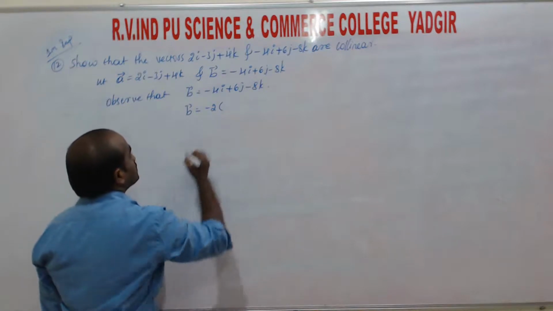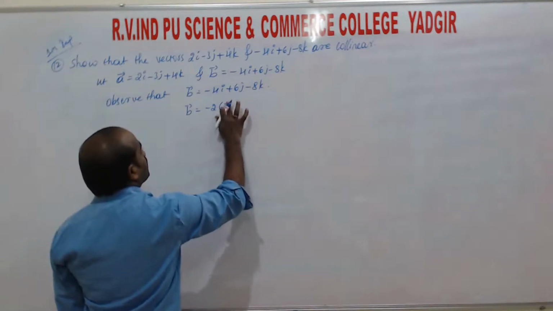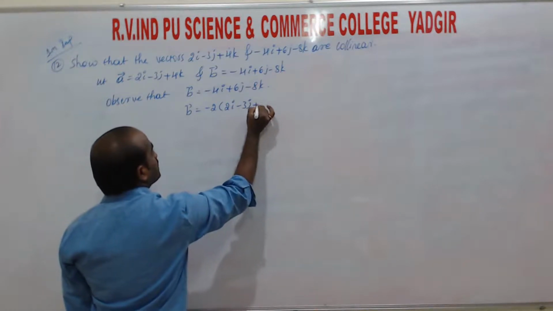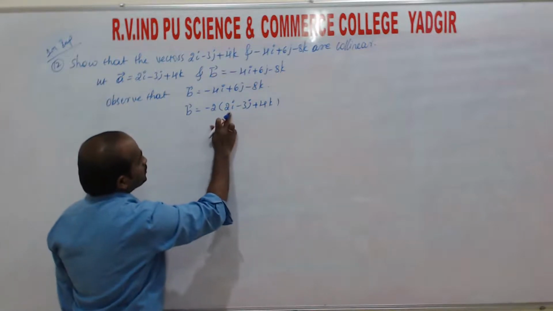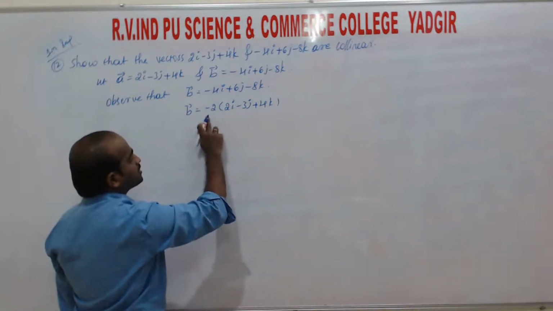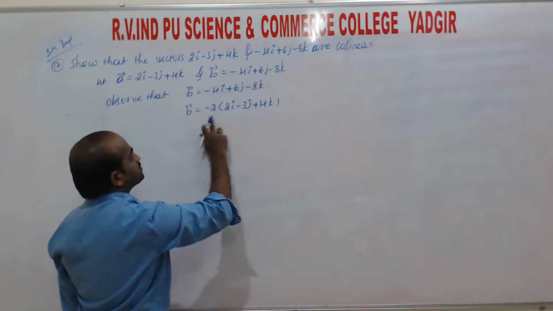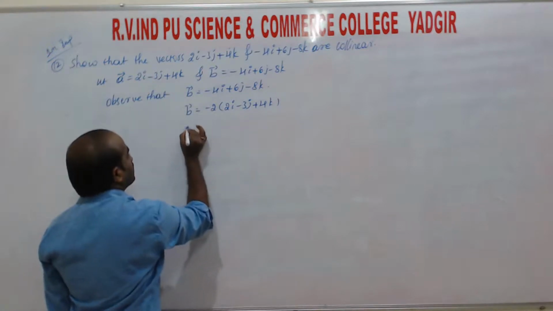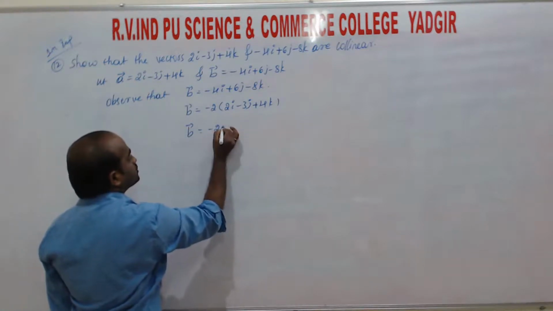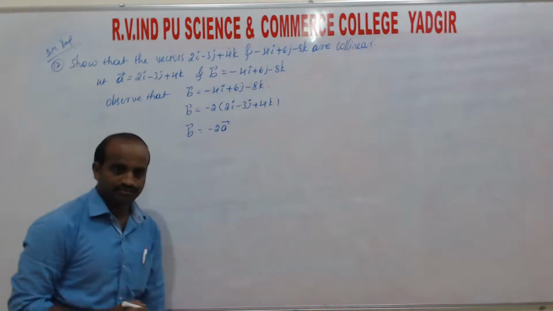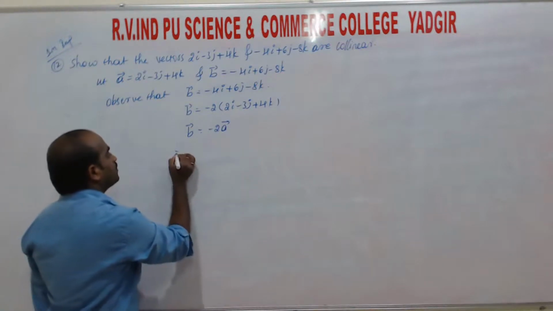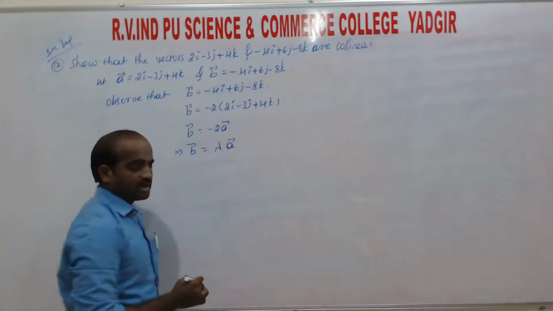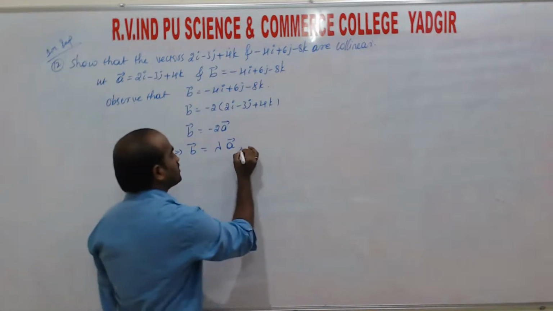Then we get minus 2 into (2i minus 3j plus 4k): minus 2 into 2 is minus 4i, minus into minus plus 2 into 3 is 6j, minus 2 into 4 is minus 8k. This one is what? A vector. So b vector is equal to minus 2 into a vector. Now this is of the form b vector equal to lambda times a vector, where lambda is what?